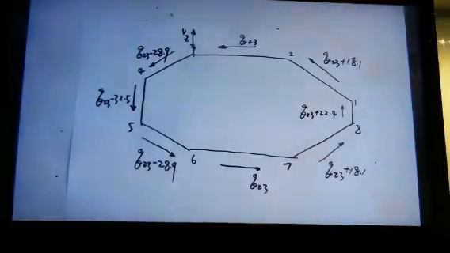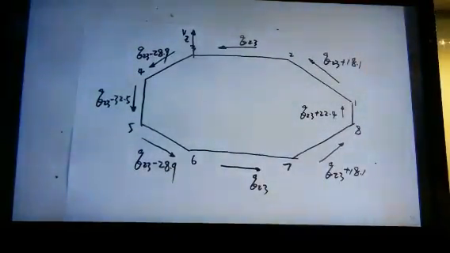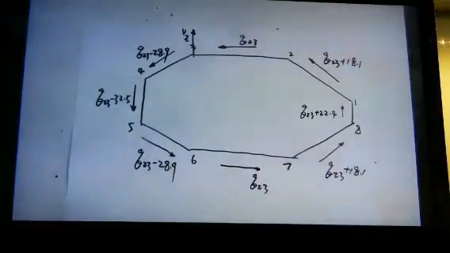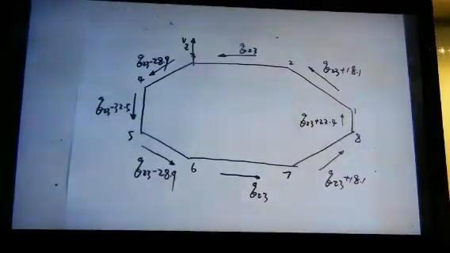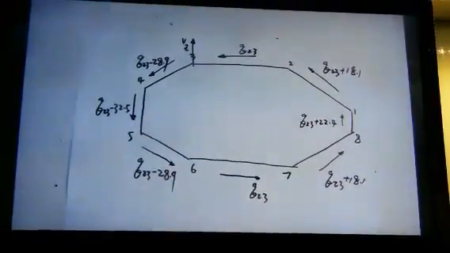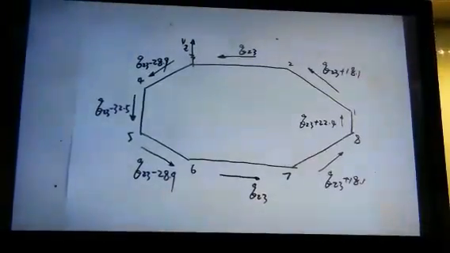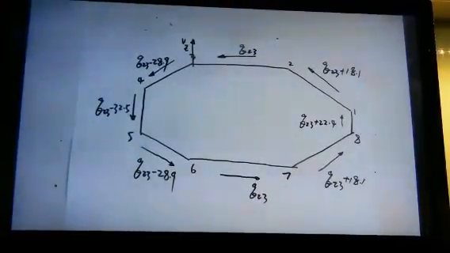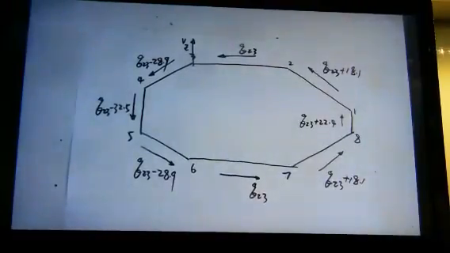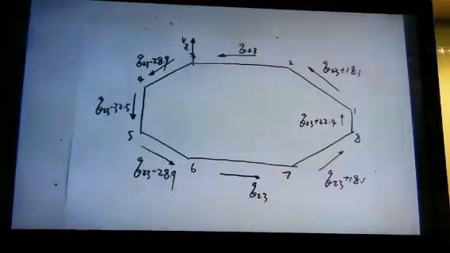Again, we can use moment balance to figure out what Q23 is. This external loading is applied on this structure, and this shear flow is induced by the external loading. So moments still need to be balanced. If you take any point, point 6 or point 5, let's take point 6.